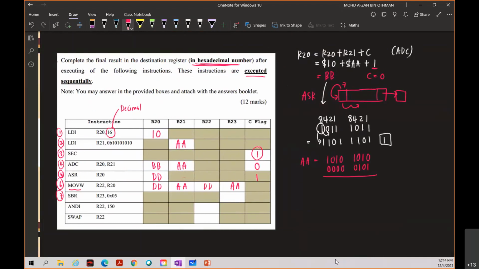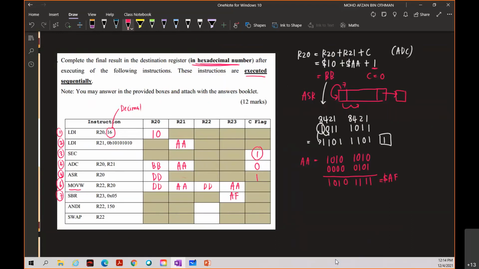Then you do the logical OR. When you do the logical OR, you refer to the truth table and compare bit by bit. So 0 OR 1, you get 1, and you get 10101111. Then you change it to hexadecimal and you get AF. So the answer here will be AF.